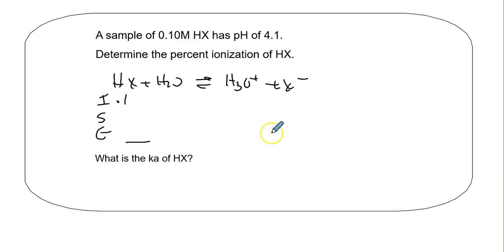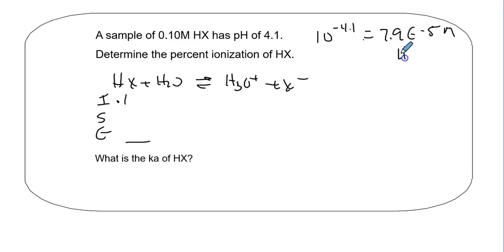What else do you use? Here's the pH: 10 to the negative 4.1 equals the H plus concentration. Let's calculate that out. So 10 to the negative 4.1 is 7.9 e to the negative fifth moles per liter.